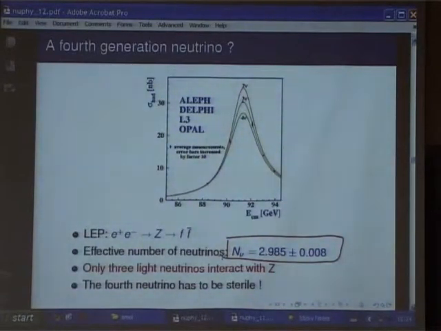So this neutrino, since it's a light neutrino, cannot interact with Z. Because if it interacted with Z, then you would get a curve that looks like the 4 neutrino curve. So therefore, this 4th neutrino cannot be a 4th generation neutrino. Do people agree with this?